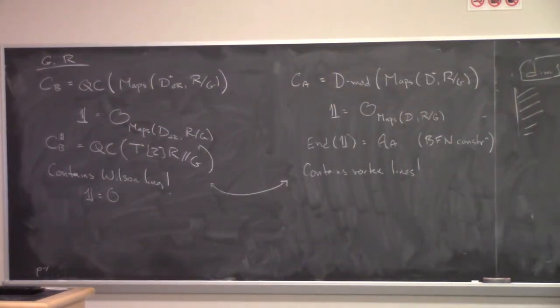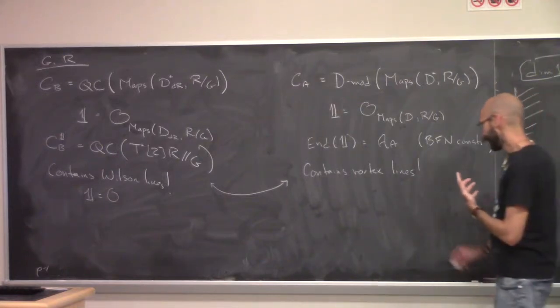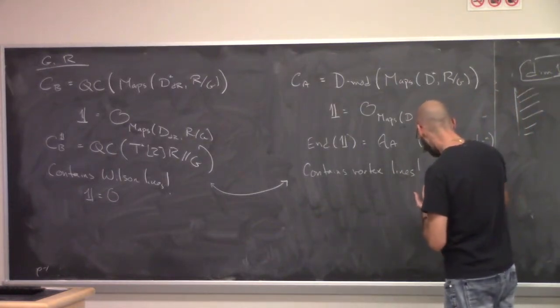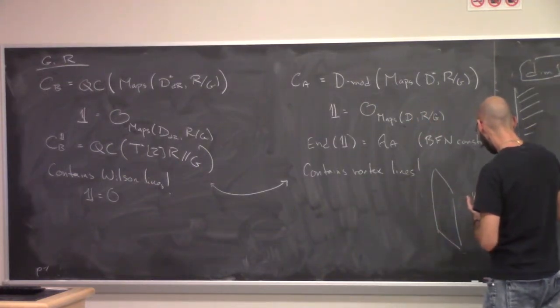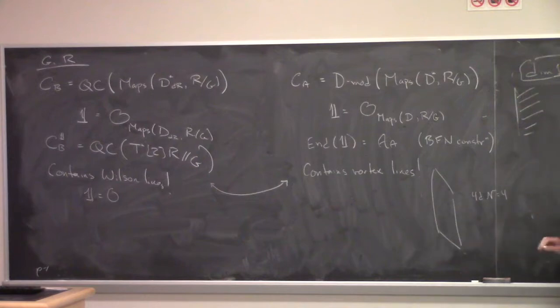I think the most important relation comes from considering boundary conditions of four-dimensional theories. In 4 dimensions, there are A twists and B twists. Langlands has to do with 4D N=4 super Yang-Mills.